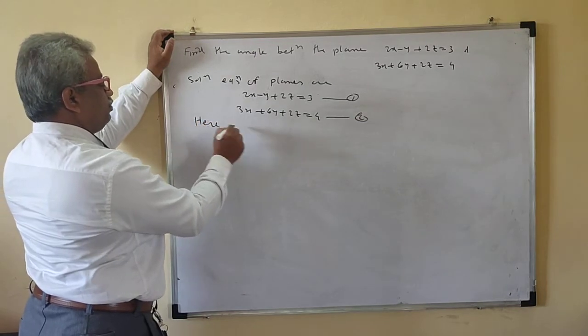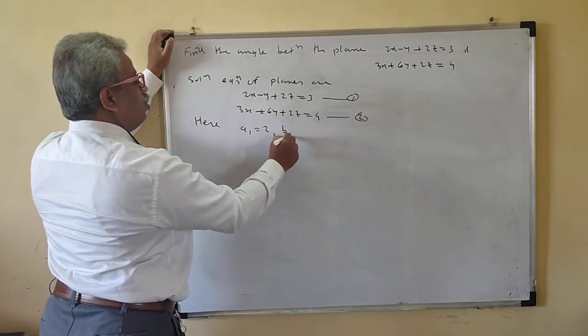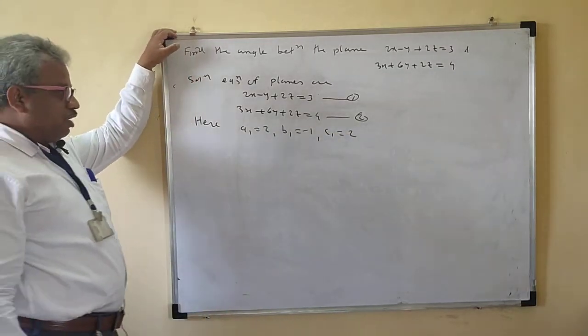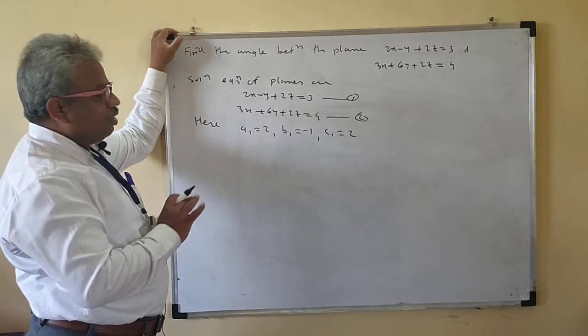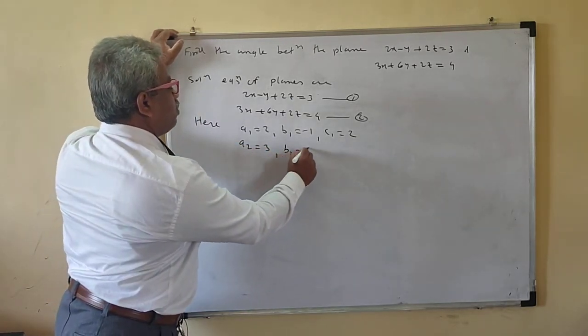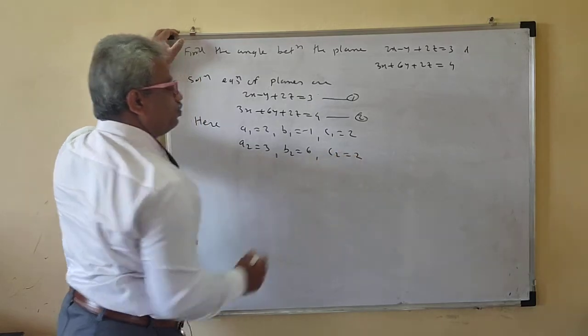So here A1 is equal to 2, B1 is equal to minus 1, C1 is equal to 2, from the first plane. From the second plane, A2 is equal to 3, B2 is equal to 6, C2 is equal to 2. Let theta be the angle between the given planes.